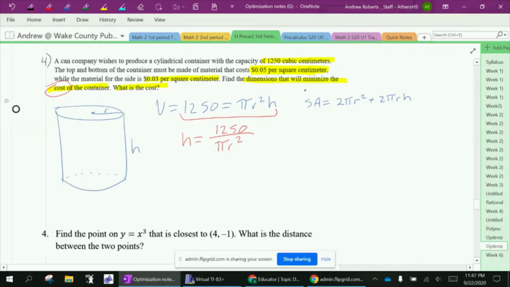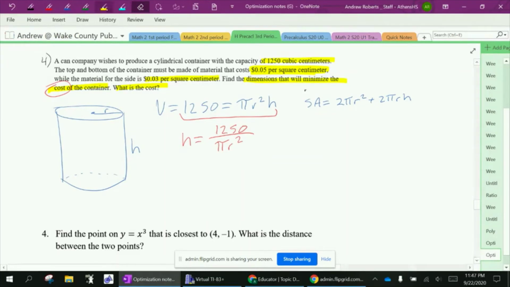Now that we have the surface area formula or equation, we got to remember that the top and bottom are 5 cents per square centimeter. So what I'm going to do is I'm going to multiply this by 5, and then it says 3 cents for the side material. Multiply that by 3. Now, what this will do will give me my answer in cents.